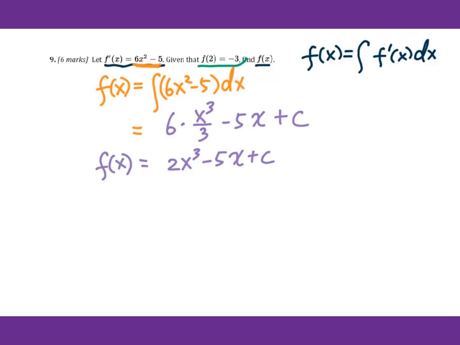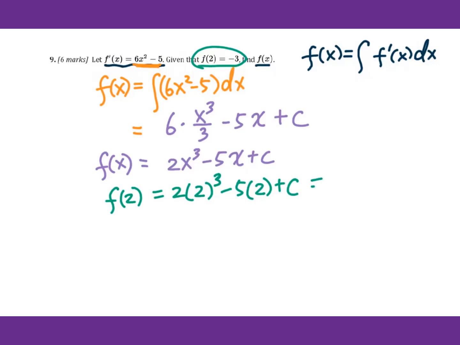Then according to the given information, f of 2 equals 2 times 2 to the third power minus 5 times 2 plus c. That equals negative 3. 2 times 2 to the third power, that's 16, minus 10 plus c equals negative 3.